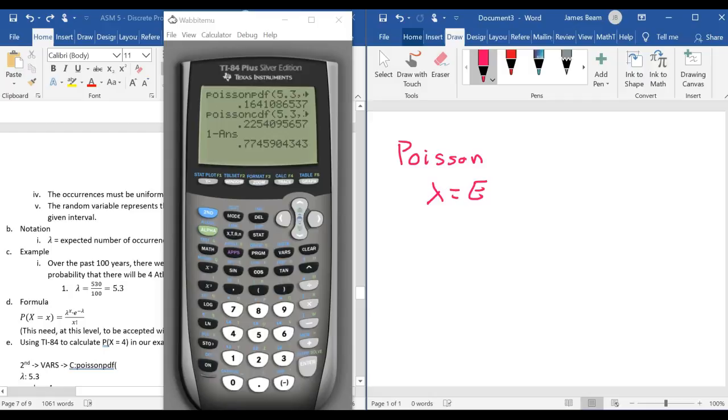The expected number of hurricanes was 5.3, which means that that is the mean. So in Poisson, you can turn that around. The mean, or the expected value, is lambda.